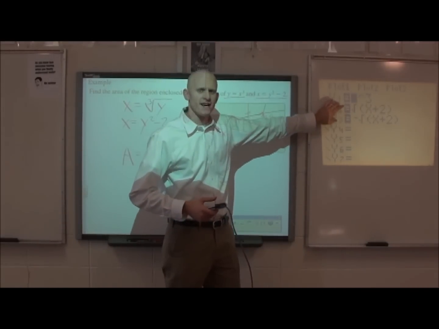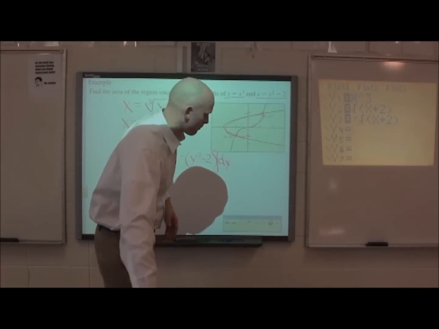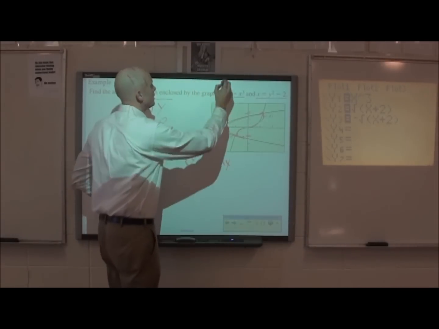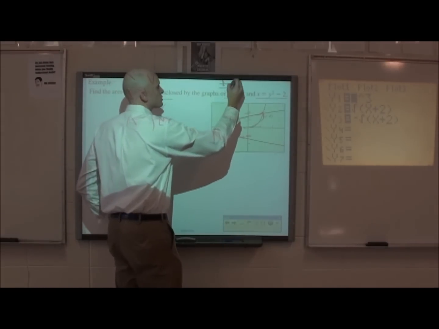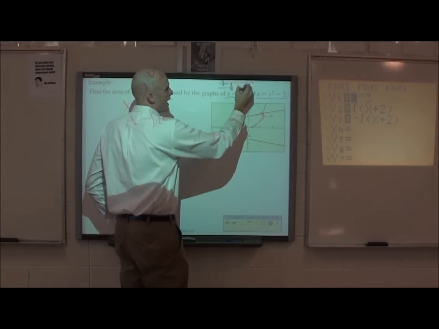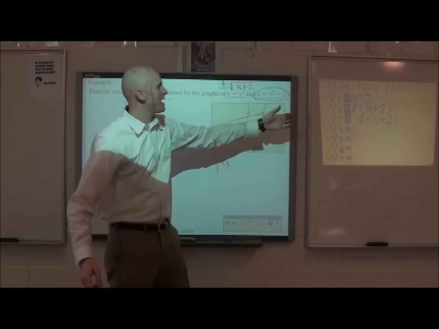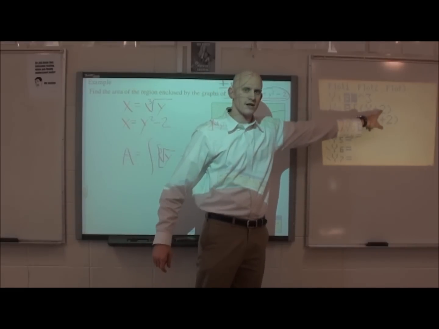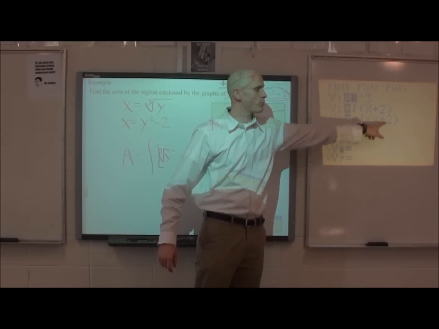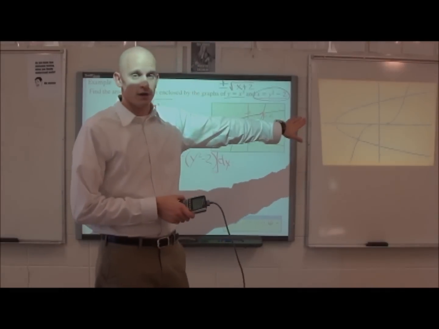And the other curve, if I solve it for y to type it in the calculator, it would end up being plus or minus the square root of x plus 2. So I can enter that in the calculator by doing a positive square root of x plus 2 and a negative square root of x plus 2, which gives us our graph here.